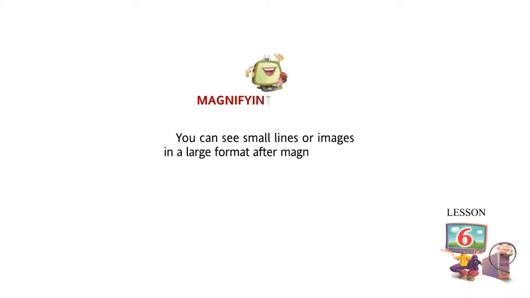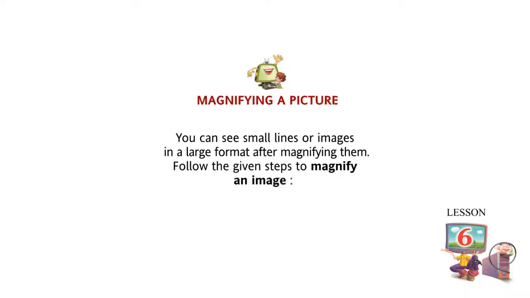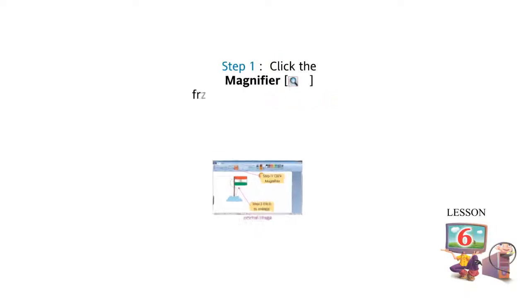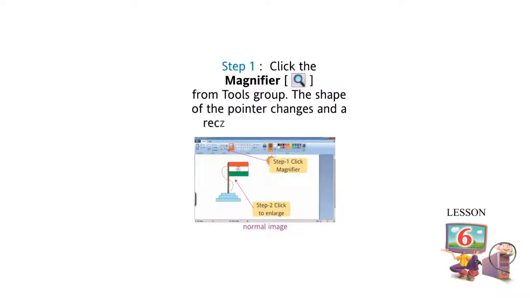Magnifying a picture. You can see small lines or images in a large format after magnifying them. Follow the given steps to magnify an image. Step 1. Click the magnifier from the Tools group.